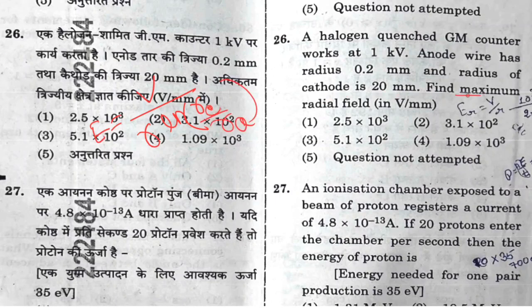And as it is asking for the maximum value, the E field will be maximum at r naught. So here you will put the 0.2 millimeter distance. Okay, so V is 10 to the power 3 volt, by r is 0.2 millimeter, so unit will be volt by millimeter, into ln 20 by 0.2. So calculating this, this is equal to 1.09 into 10 to the power 3. So your correct option is option 4.